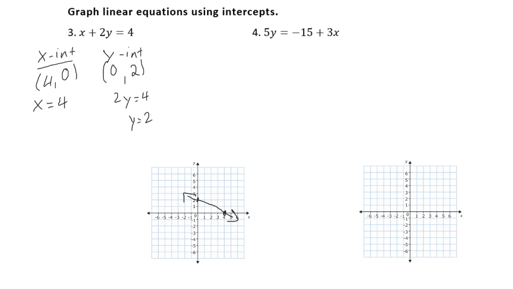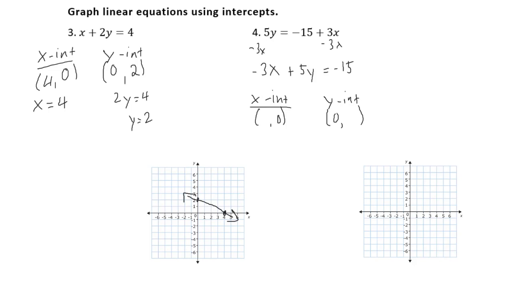All right, so in this one, because it's not in standard form, we want to do a little bit of work. So I'm going to subtract that 3x to put it in standard form because it just makes plugging in so much easier if they're on the same side. Okay, so x-intercept is when y is 0, and y-intercept is when x is 0.